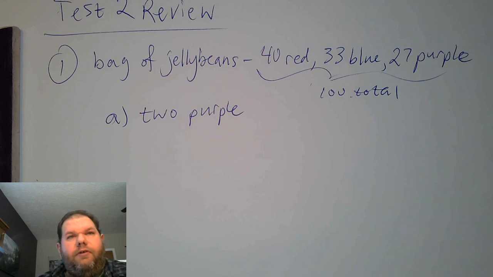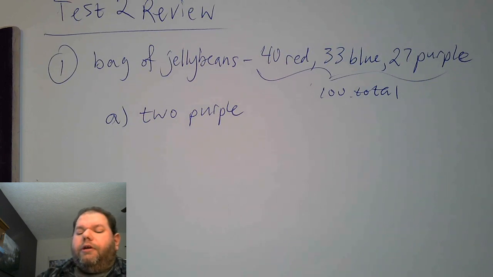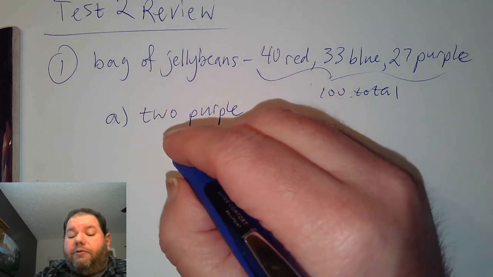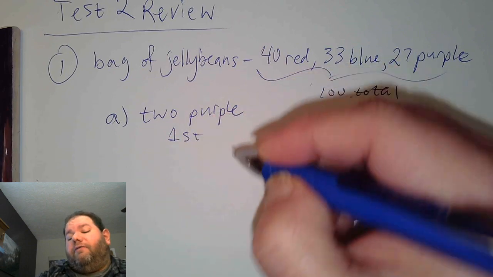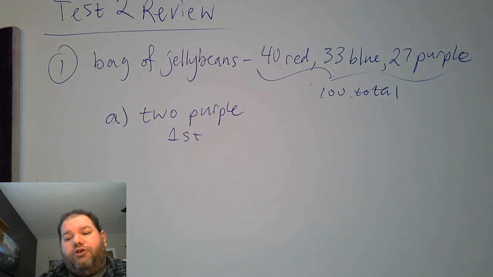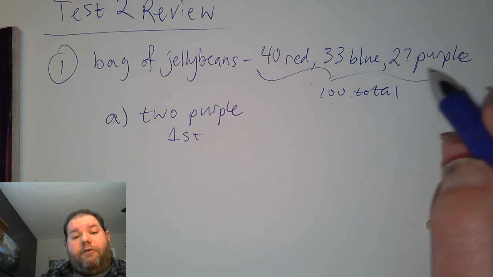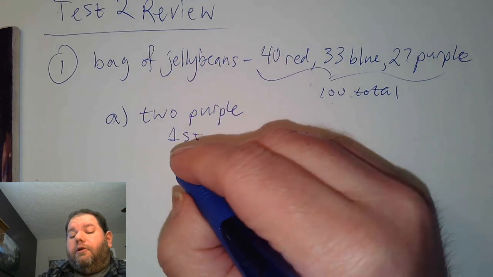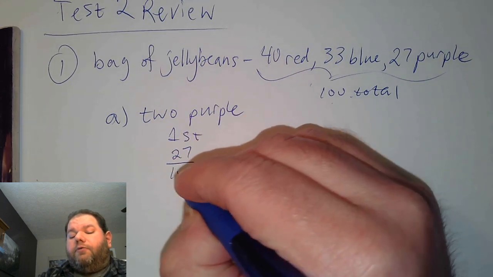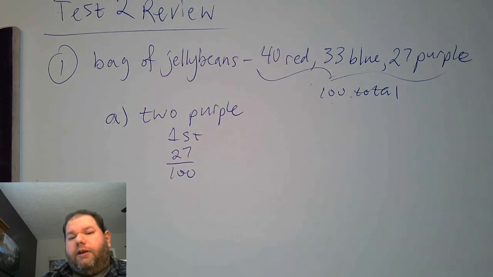We just use it from a logic standpoint. What's the probability of picking a purple jelly bean on the first try? Of the 100 total jelly beans, 27 are purple, so we have a 27 over 100 probability.